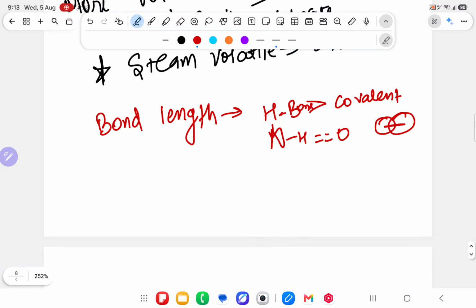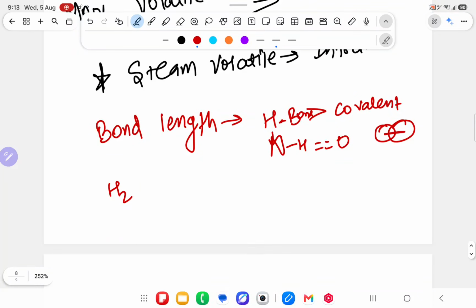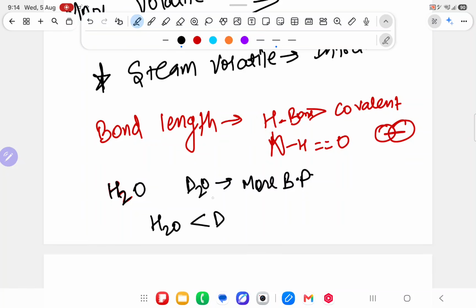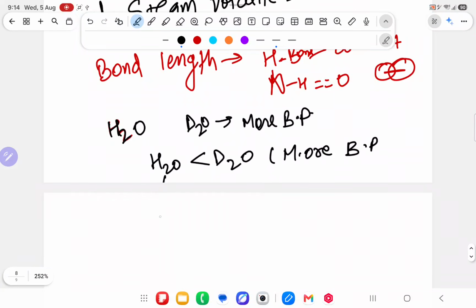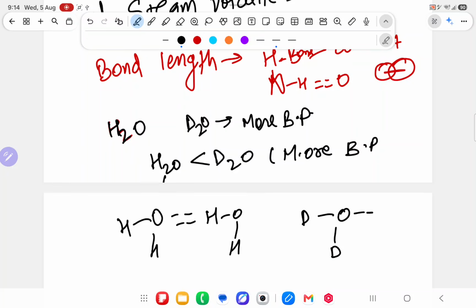If they give H2O and D2O, another example, and ask for more boiling point, you will consider this as a learning part. What will you say? Sir, H2O has less boiling point than D2O; D2O has more boiling point. Why, sir? Because when H2O makes the hydrogen bond you get H hydrogen bond HOH, and when D2O makes it you get ODD hydrogen bond DOO.